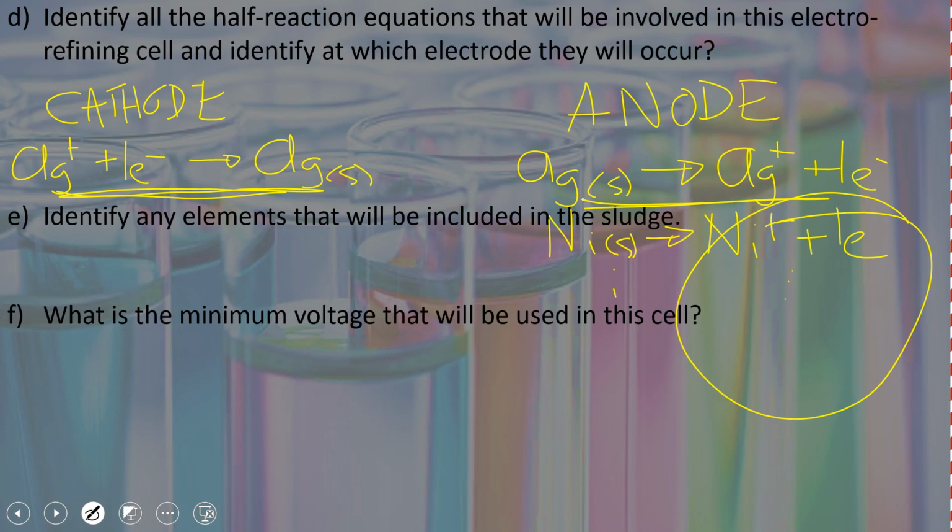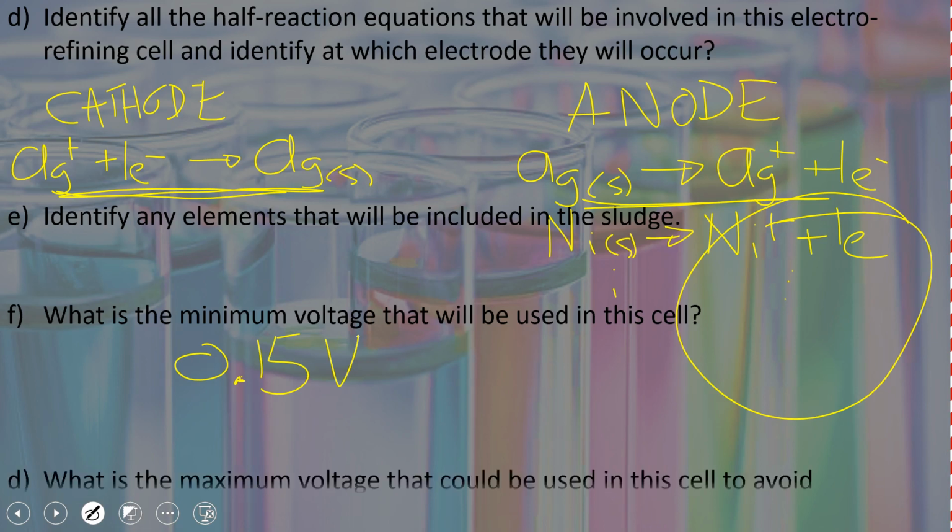I was Googling it because I just can't find a number. In the process of electrorefining copper, they only need about 0.15 volts for that cell to run. But it's occurring on a large scale, so you're going to need more than just 0.15 volts, as well as it's occurring over a longer time.